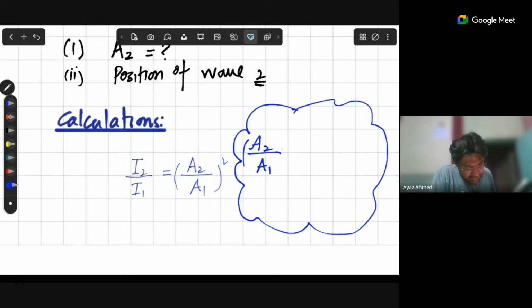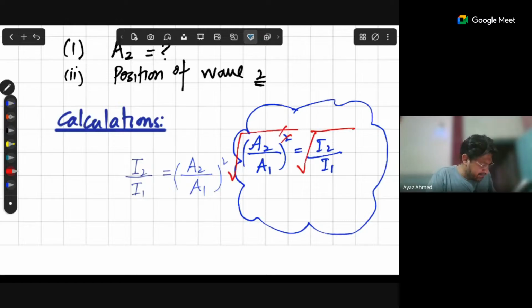(Amplitude 2 divided by amplitude 1) whole square is equal to intensity 2 divided by intensity 1, and then I take the square root on both sides. That makes the calculation easy. That is, amplitude 2 divided by amplitude 1 is equal to the square root of I2 divided by I1.